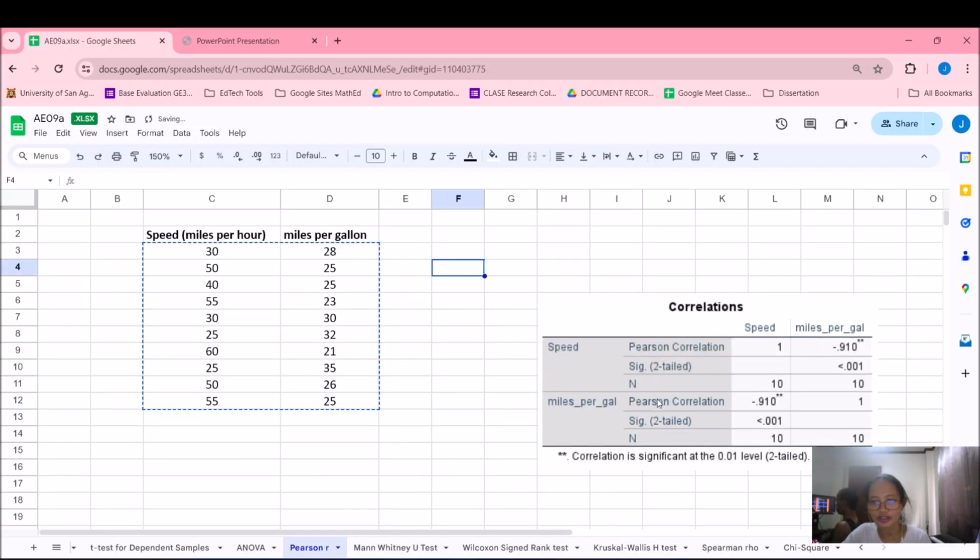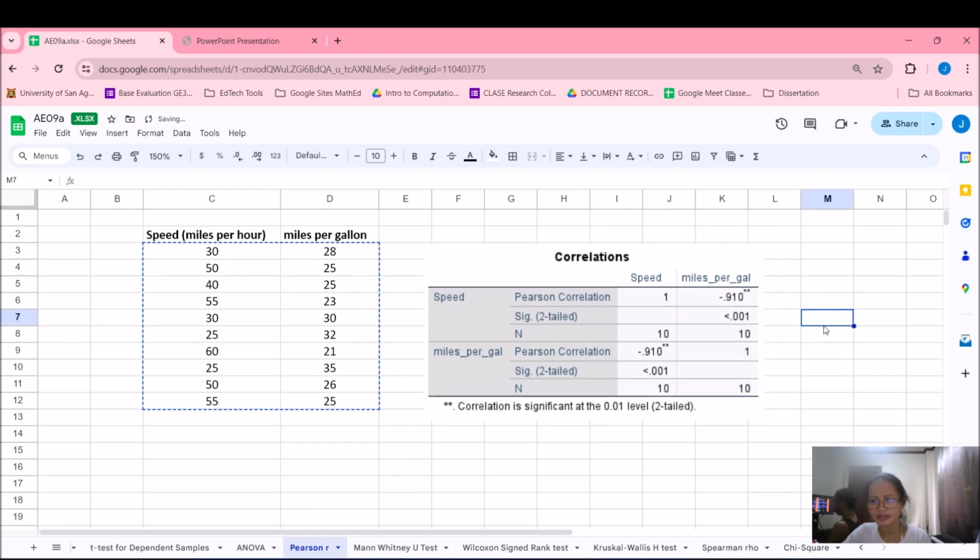Okay, so according to the correlation, the relationship between speed and miles per gallon is negative 0.910, with a p-value of less than 0.001. So there is a significant relationship between your speed and miles per gallon.